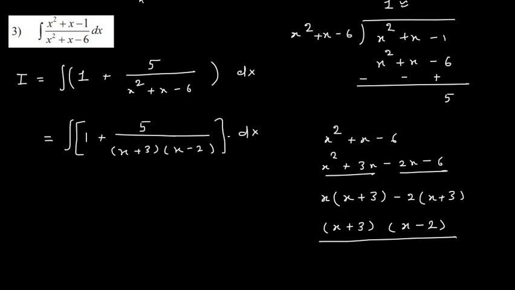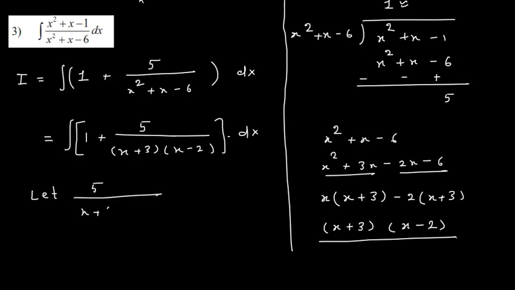Now you can integrate 1, and you can integrate this part. So first you write this as a partial fraction. So this portion was my rough work. Let 5 divided by x plus 3 into x minus 2 be equal to a divided by x plus 3 plus b divided by x minus 2.